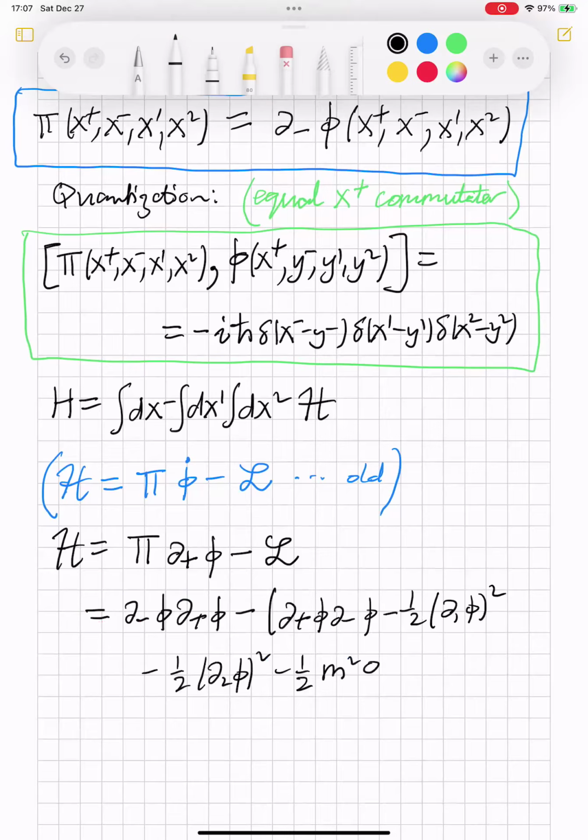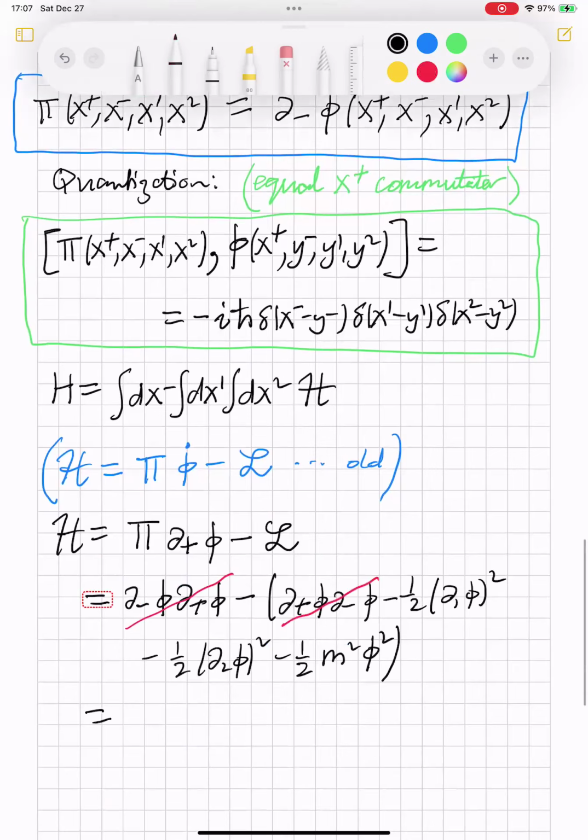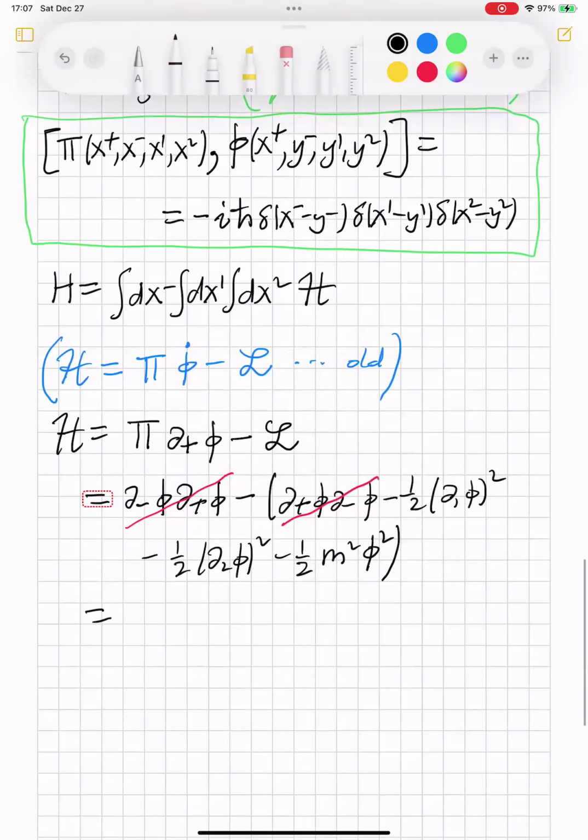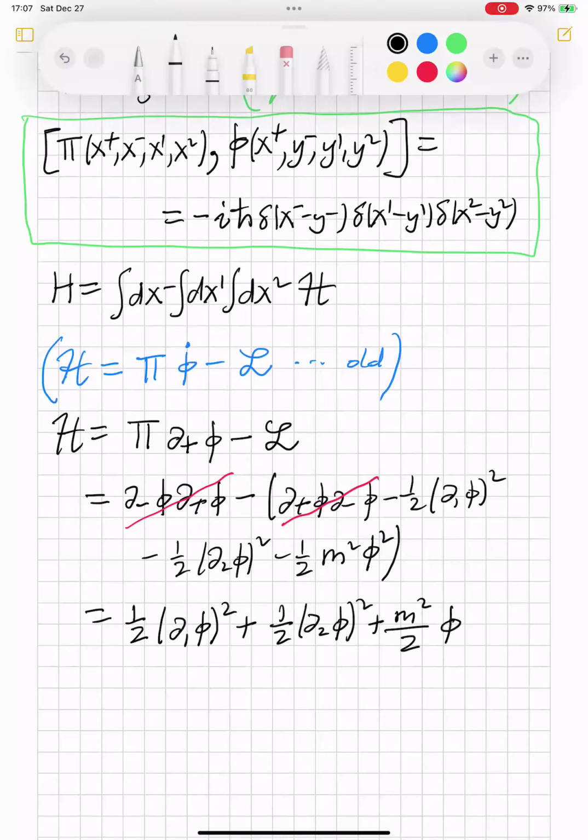And what you can see immediately is that that first term over there cancels against that term over there. Then we've got a minus up front. Multiplying that in, we'll have a 1 half d1 phi squared plus 1 half d2 phi squared plus m squared over 2 phi squared. And that's the Hamiltonian density.